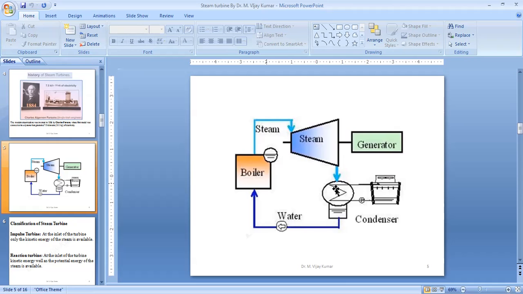You can see the direction of the flow. The direction of the flow is in a clockwise direction, not in an anti-clockwise direction. As we all know, clockwise direction cycles are power producing cycles. When it rotates in a clockwise direction, it indicates that these are power generating devices, power plants.